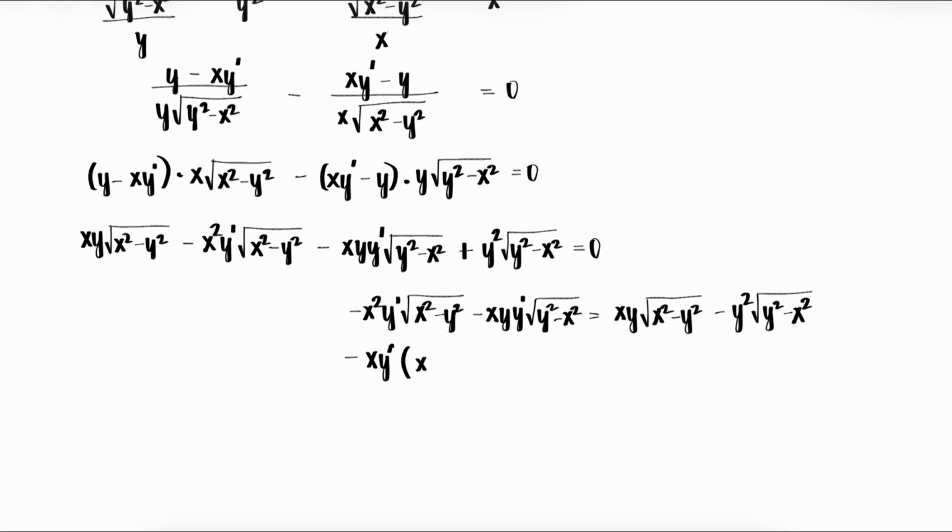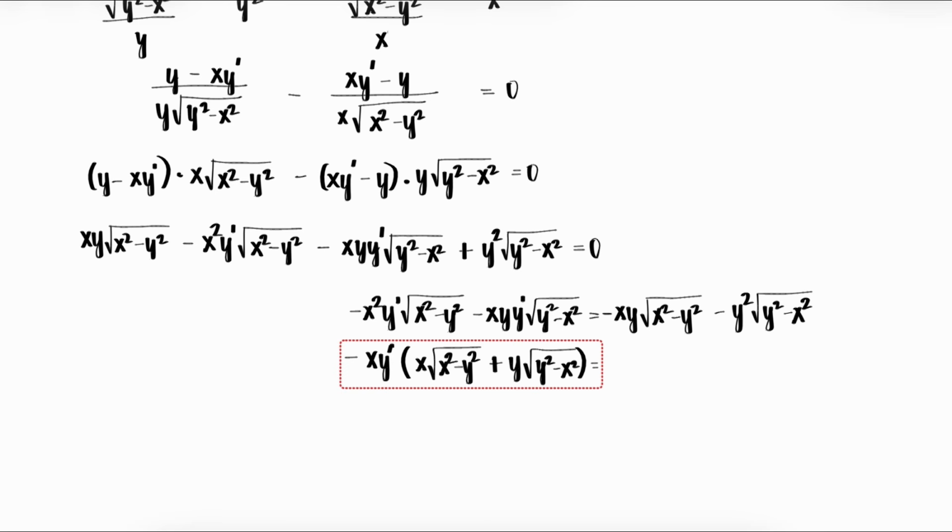We have x square root of x squared minus y squared. And then it's a plus now because we have factored out the negative sign and we have factored out x. So what's left is y square root of y squared minus x squared. Sorry, there should be a negative here.